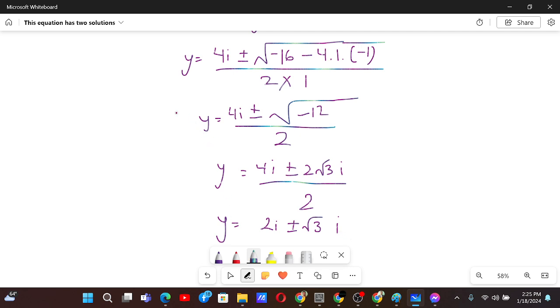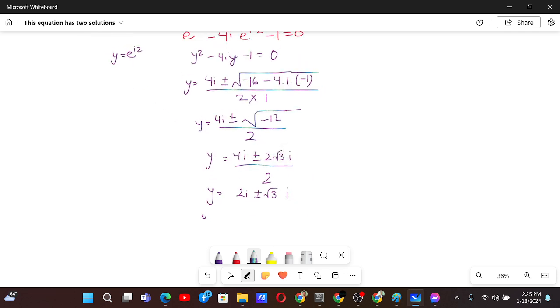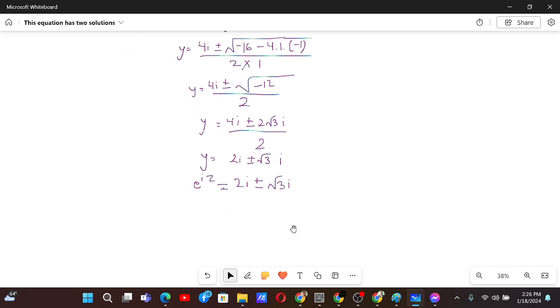Now what is our y? y is e to the power iz. So e to the power iz equals 2i plus minus root 3 i. After that, we can take logarithms on both sides.